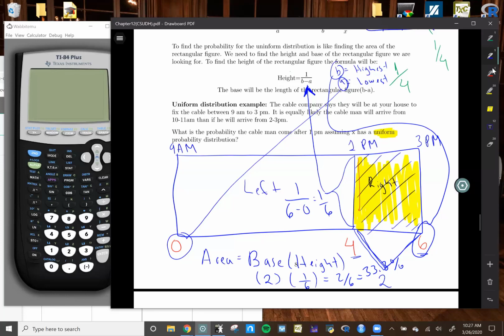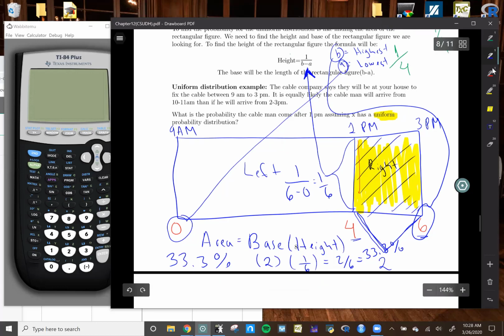The probability that the cable guy will come after 1 p.m. is a 33.3% chance. Any questions in regard to this first problem for uniform distribution? No. All right. Let's move on down, and we're going to do another one.